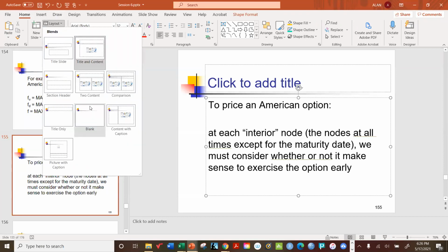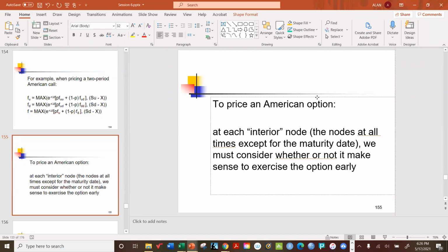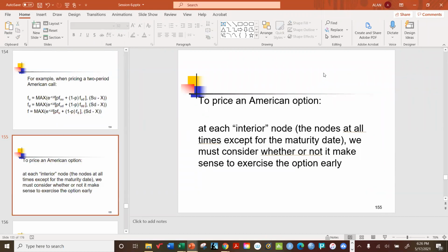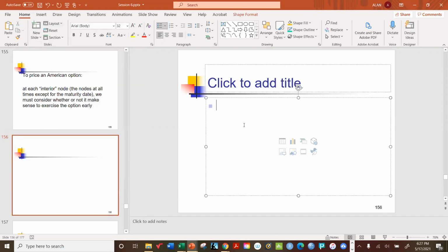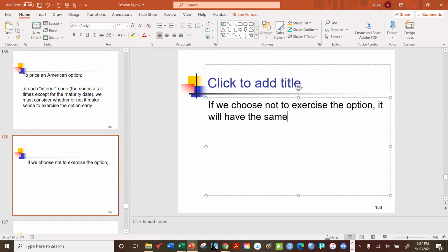So in other words, at each node, we're not just using a formula now. Well, we are and we aren't. We still are, but we have to make a decision at each node now. How do we know if it makes sense to exercise early or not? Well, if we choose not to exercise the option, it will have the same value as an equivalent European option.